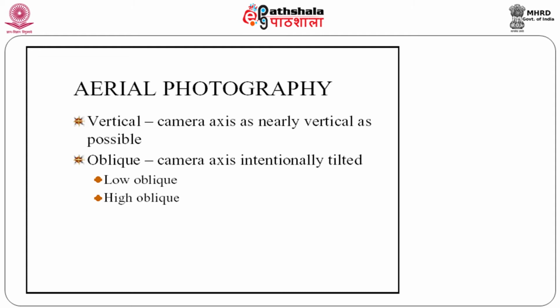What types of photographs are available? For example, vertical photographs, when the camera axis is exactly vertical or nearly vertical. As I told you earlier, it is not possible to always take a vertical photograph. At one exposure station it may be vertical, but at the next exposure station it may not be vertical at all, because there may be some variation in X, Y, Z, the tilt, tip and toe.